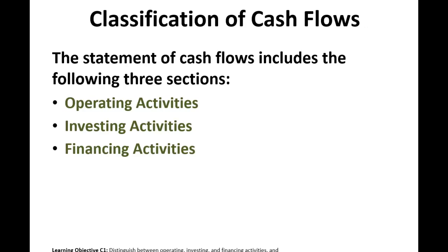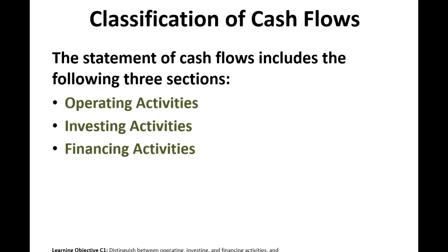However, all other cash receipts and cash payments are classified and reported on the Statement of Cash Flows in one of three categories: operating, investing, or financing activities. Individual cash receipts and payments for each of these three categories are labeled to identify their originating transaction or events.